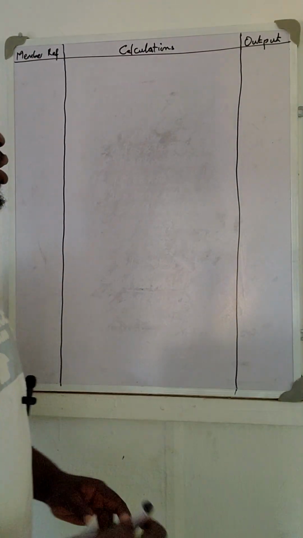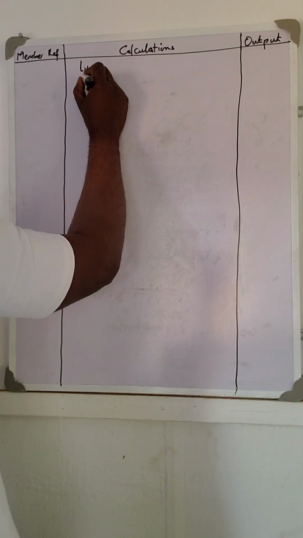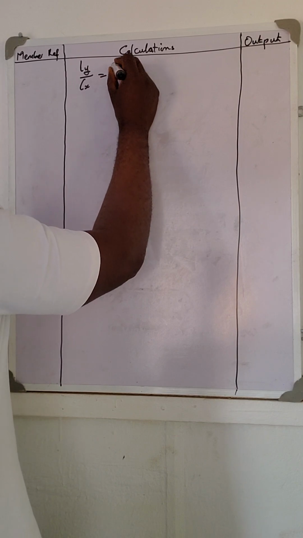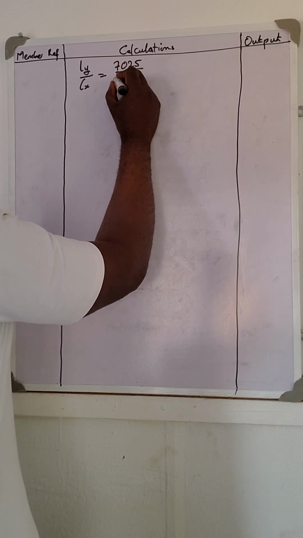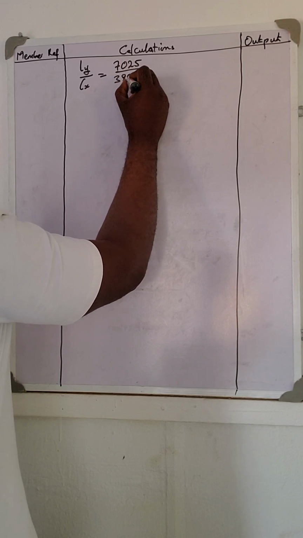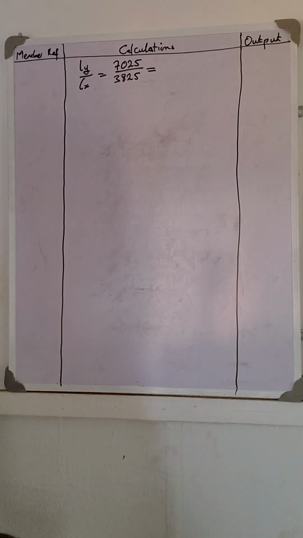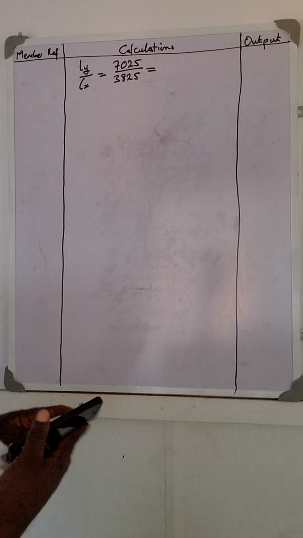Okay. So we need to continue. Remember our LY over LX is equals to 7025 over 3825. Okay, we compute this.